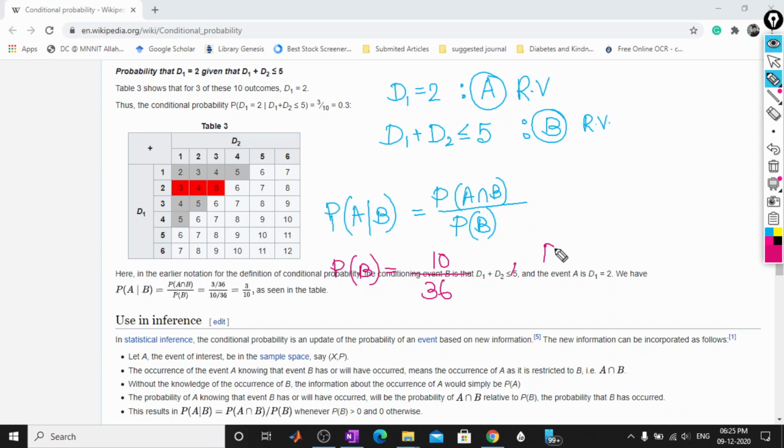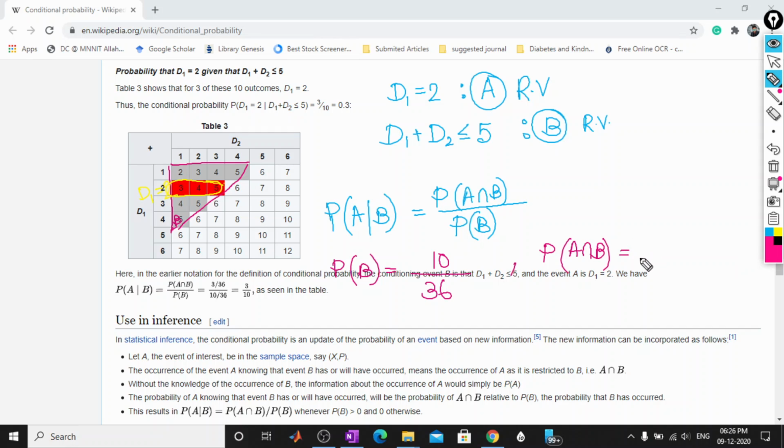Now we are interested to calculate the probability of a intersection b. We see that this total thing is our b. Now, on this b, we are interested only in d1 equal to 2, only this one.